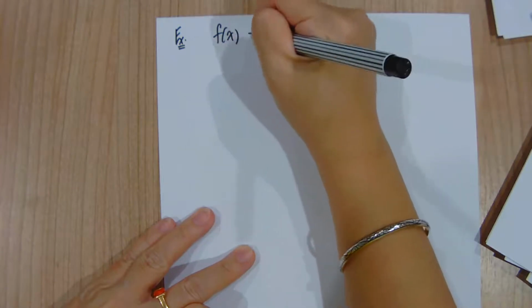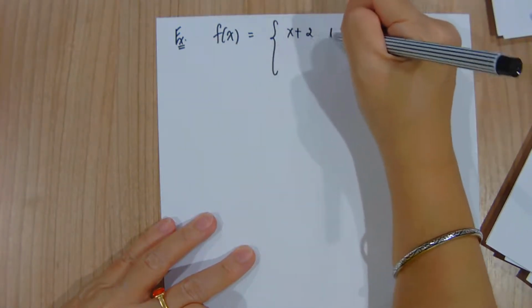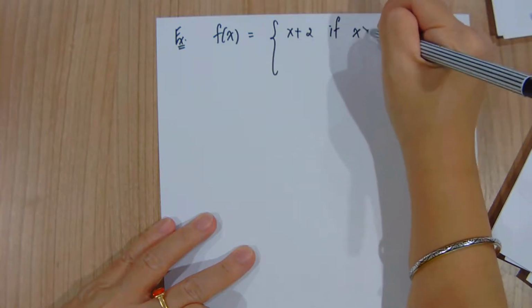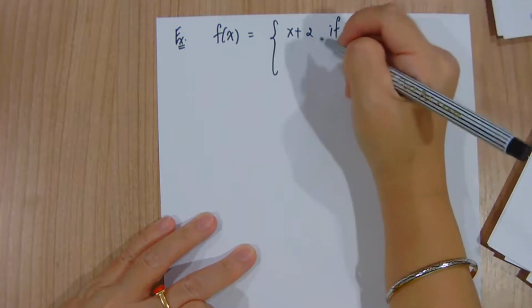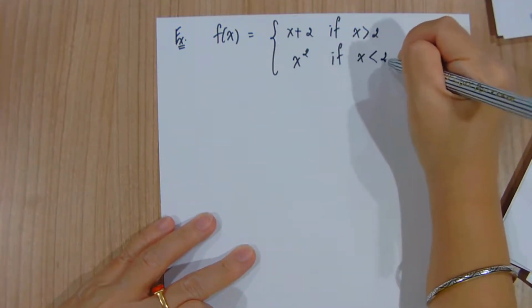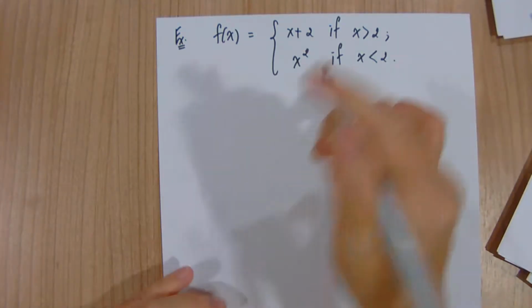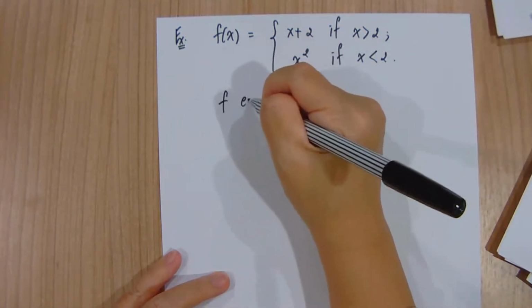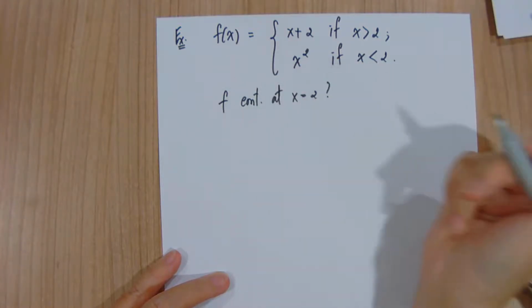If we define f of x equals x plus 2 when x is greater than 2 and x squared when x is less than 2, check whether f is continuous at x equal 2 or not.